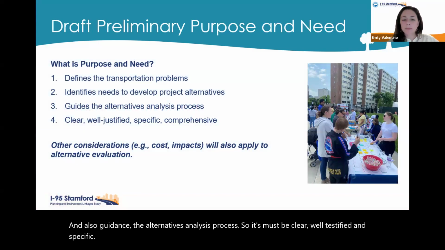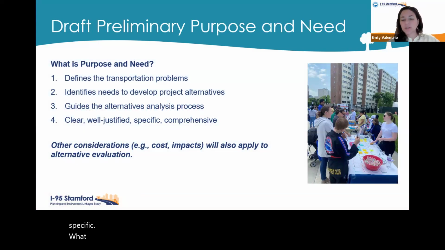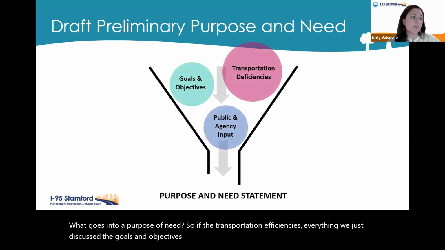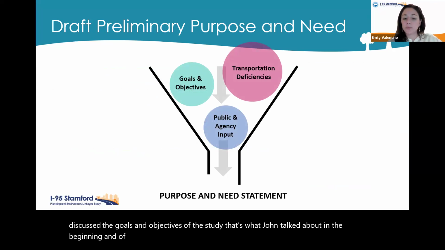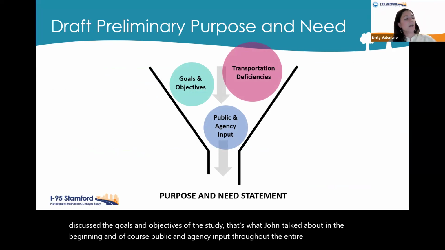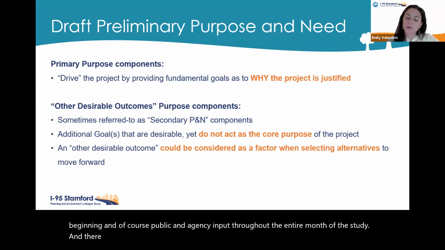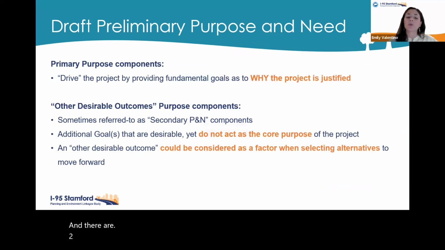What goes into a purpose and need? The transportation deficiencies, everything we just discussed, the goals and objectives of the study, that's what John talked about in the beginning, and of course, public and agency input throughout the entirety of the study. There are 2 components to the purpose and need. We have the primary purpose, and that's what really drives the project.